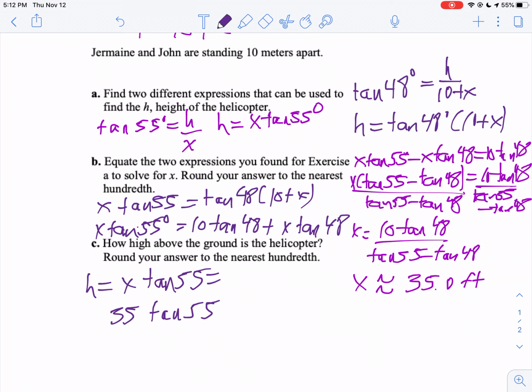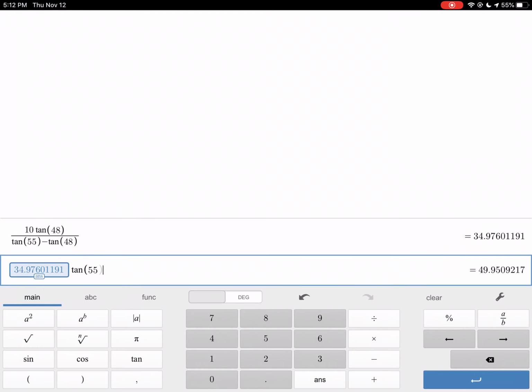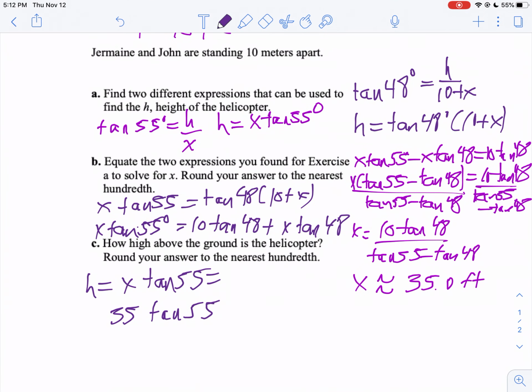Let's back up here. Sorry about that. I didn't read the directions. So the nearest hundredth should be 34.98. Since I just kept all my digits in the calculator, I don't have to rework my calculator. So 34.98 feet is the horizontal distance from the helicopter to John.